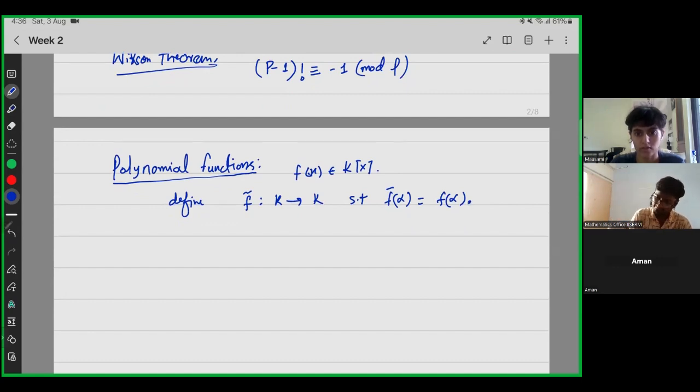So any polynomial will give us a function from K to K. If it is an n-variable polynomial, it will give a function from K^n to K.